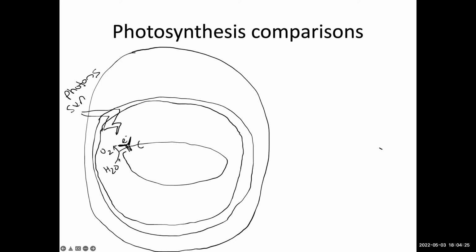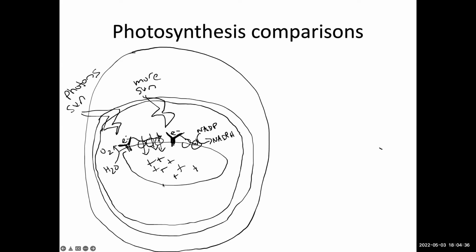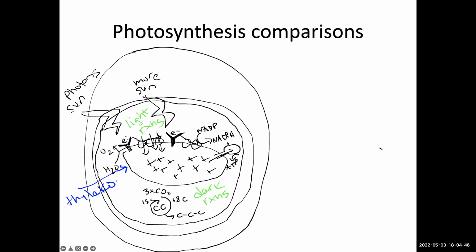There's the photosystem energizing electrons from water using the sun. That's feeding it through the electron transport chain, using the energy from those electrons to create an acidic compartment on the inside. More sun re-energizes those same electrons, so they end up on this electron carrier. The protons come back through ATP synthase to generate energy, and NADPH brings electrons to the Calvin cycle shown right here.